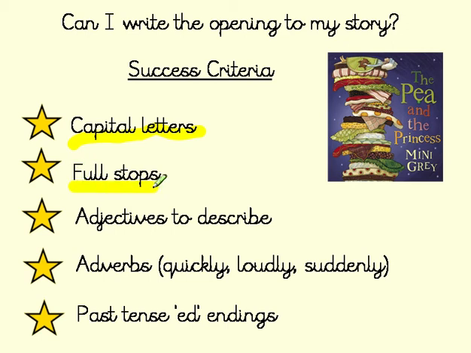We need full stops at the end of our sentences, so when we've finished one idea, we're going to have a go at writing some fantastic adjectives to describe our characters and the setting, and also some adverbs like we looked at earlier last week. For example, quickly, loudly, or suddenly, to describe how something is happening in our story.